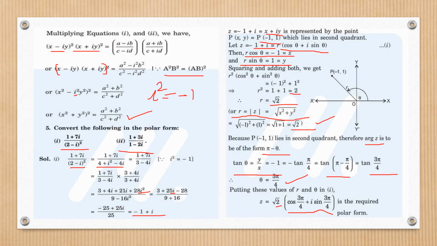You know both of them take the value 1 by root 2 at pi by 4, and the argument in the second quadrant is pi minus theta. So pi minus pi by 4 is 3 pi by 4. So that is one way, and the other way is calculating tan directly to find the argument.